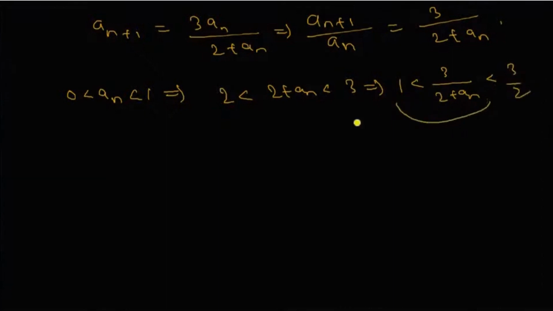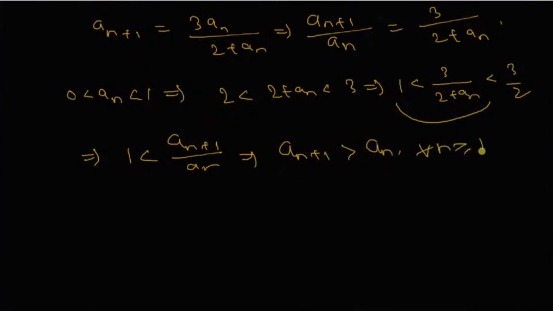So 1 is less than a_(n+1) by a_n. This implies that a_(n+1) is greater than a_n for all n greater than or equal to 1.